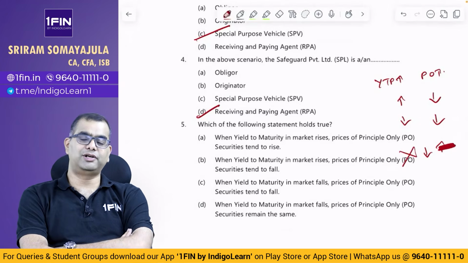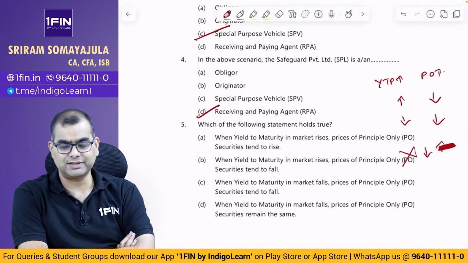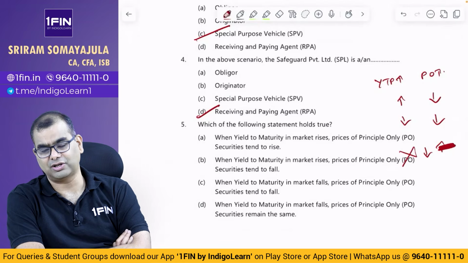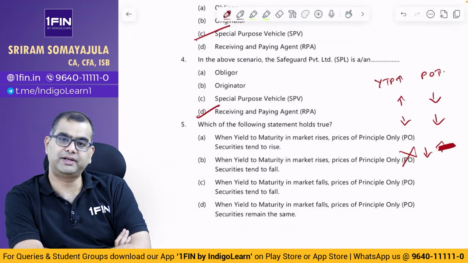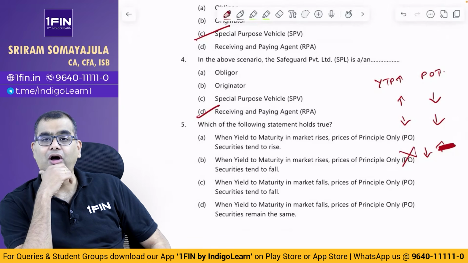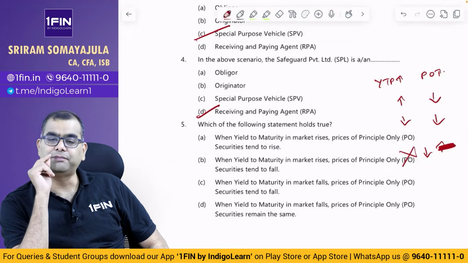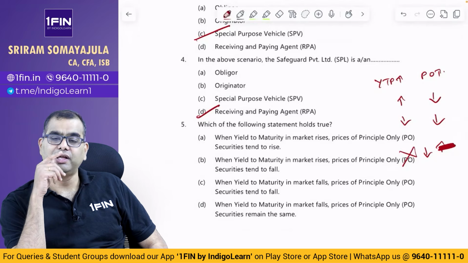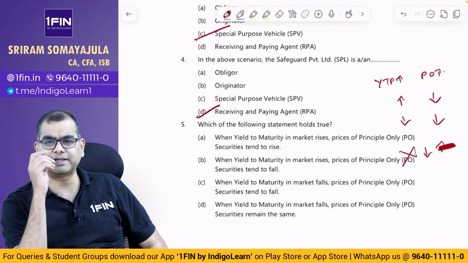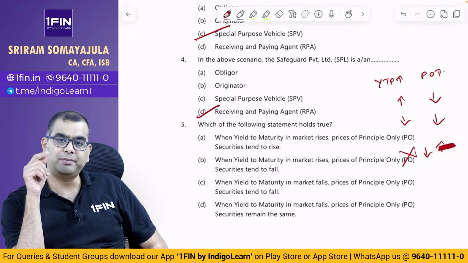What will happen generally to a bond? When market rates increase, the bond's price falls. Okay, that is normal logic. But in case of an IO and PO, we have to understand other aspects. What is happening when the interest rates increase? People are not repaying their loans early. If people are not repaying their loans early, they are going to be repaying them late.